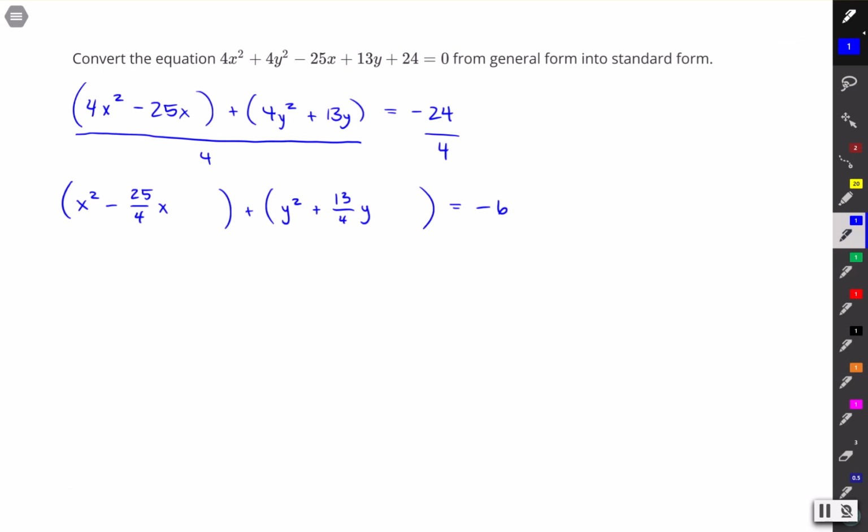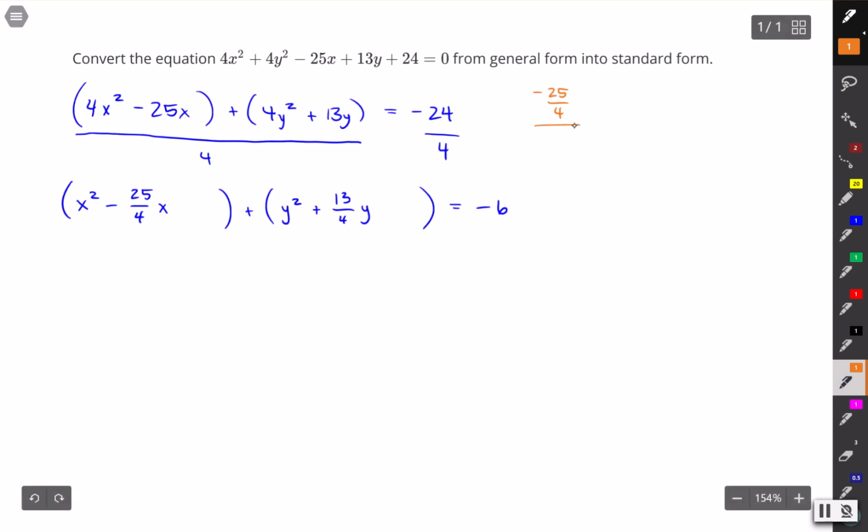Okay, at this point, completing the square, what we would do is take whatever number is multiplying x, and I'm going to go to the side here and do this. So my number multiplying x is negative 25/4. What I need to do is divide that value by 2 and then square it. I'll handle the squaring in just a second, but for right now, let's divide by 2.